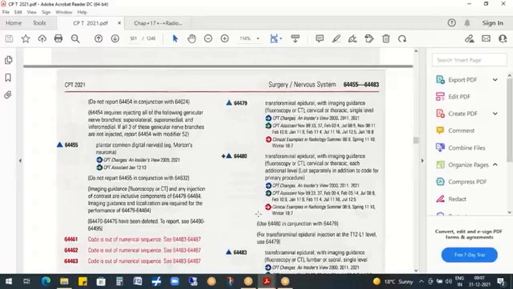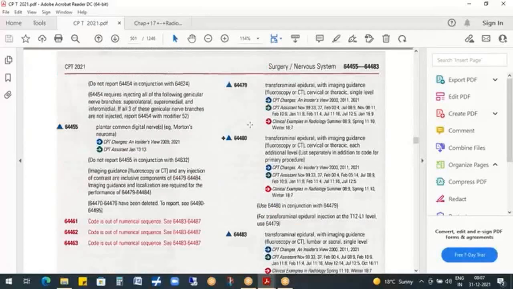Page number 475. Can you see the code description 64479, 64483? Is guidance a part of the code description or not? Yes, sir. Do we need to code guidance separately here? No, sir. Understood, everyone?